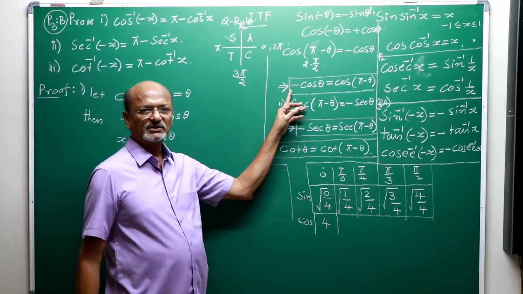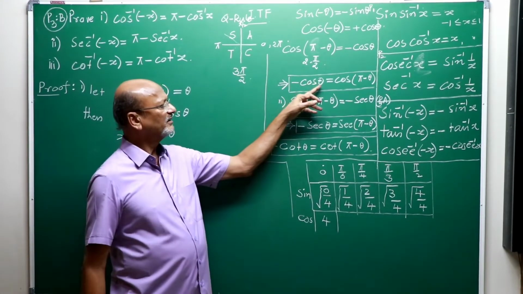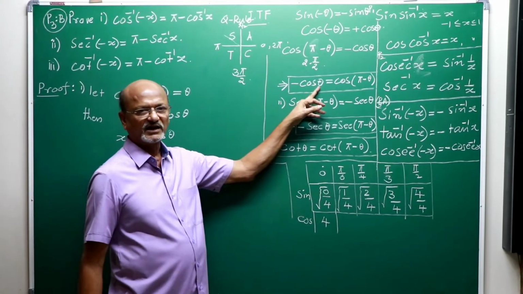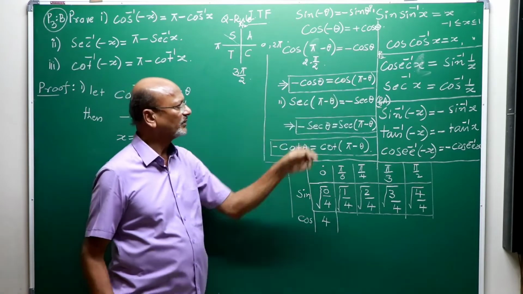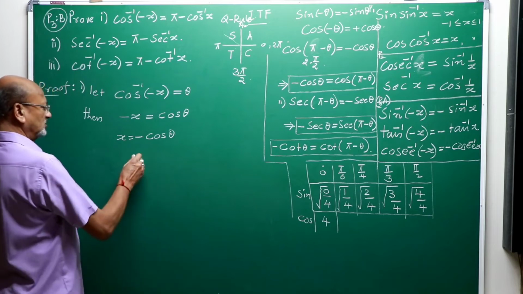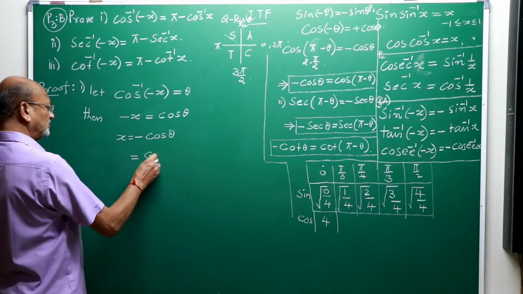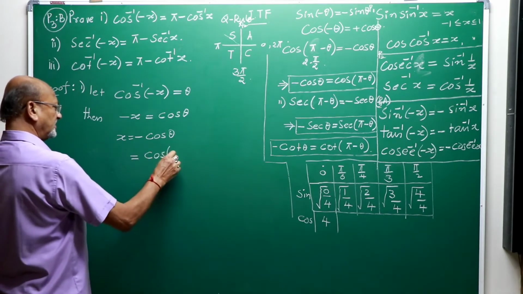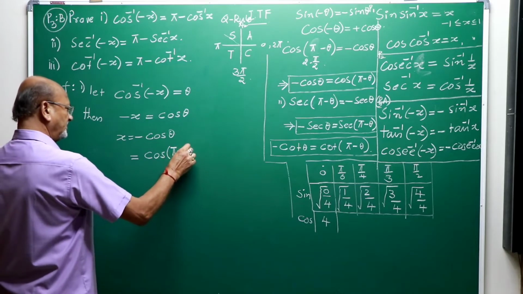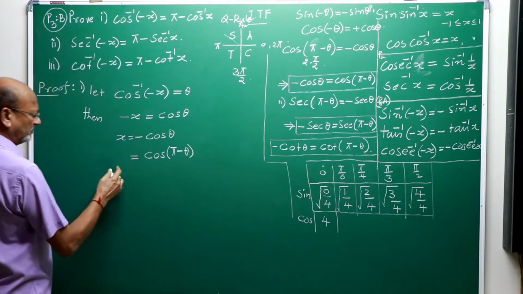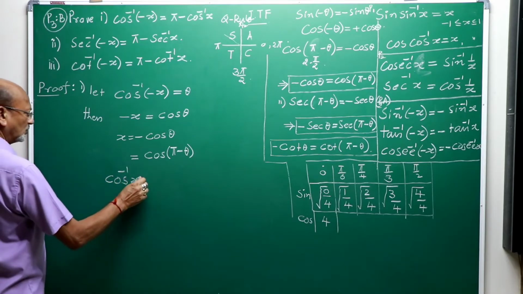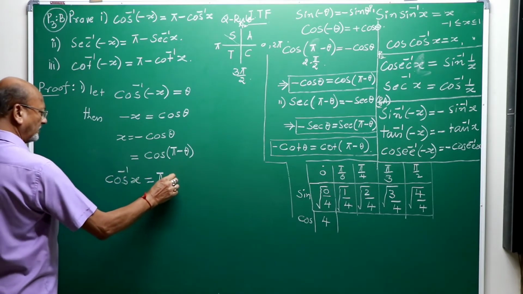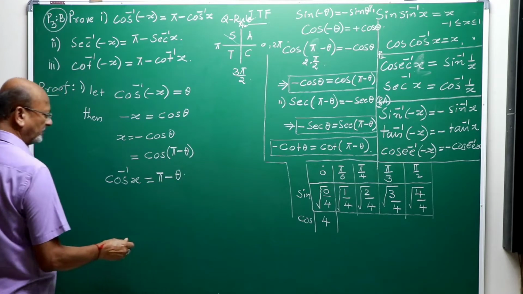What is this property? It tells, friend, replace the angle theta in the LHS by what? Pi minus theta. It is with a plus. Replace, so this is plus cos. Replace your theta by pi minus theta. Bring this side: cos inverse x equals pi minus theta.